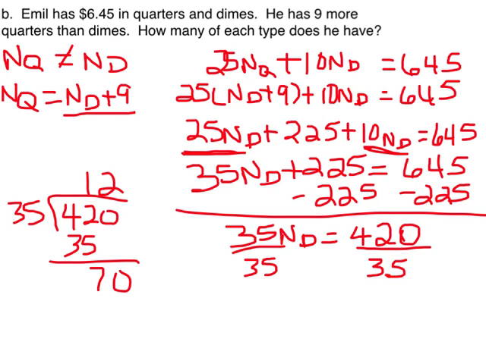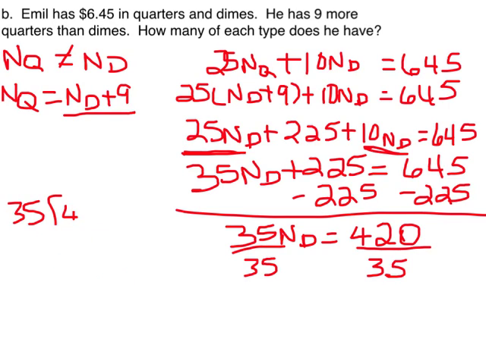So let me just erase that there so that I have room to finish what I'm doing to find my other variable. Okay, so I know that ND is 12.